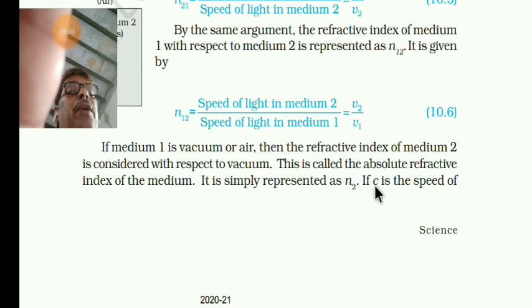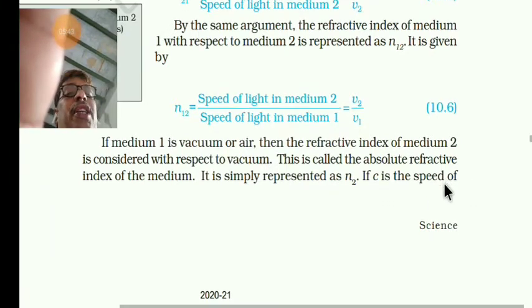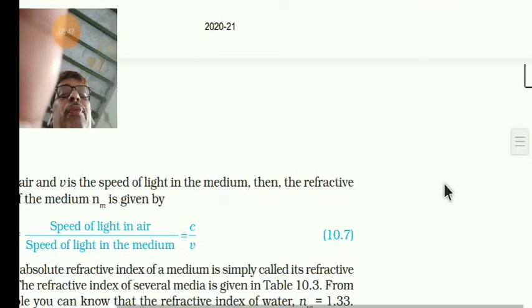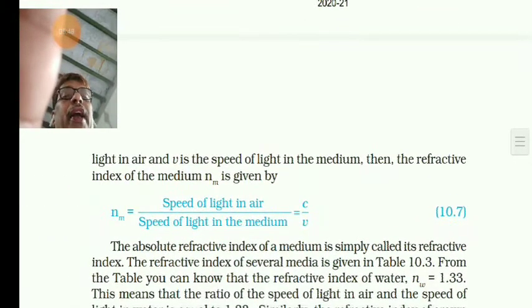Now if C is the speed of light in the air and V is the speed of light in the medium, then the refractive index of the medium, Nm, is the speed of light in the air divided by the speed of light in the medium.